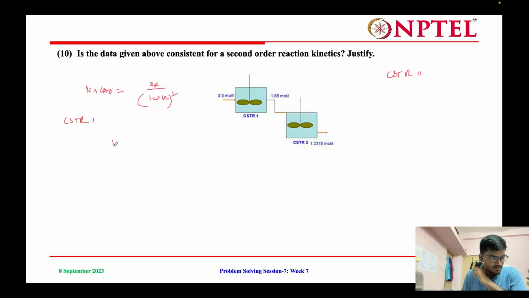So K1 V1 by FA naught equal to the expression in XA1. Here XA1 equal to 0.5 calculated and XA2 is equal to 0.25, right?